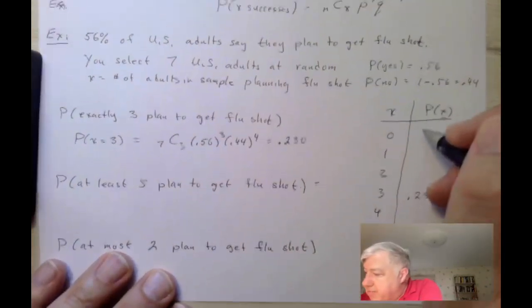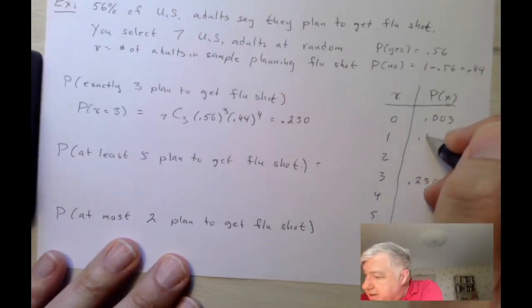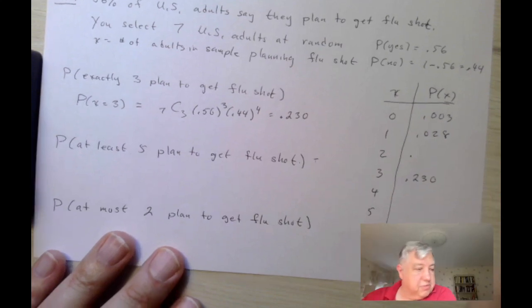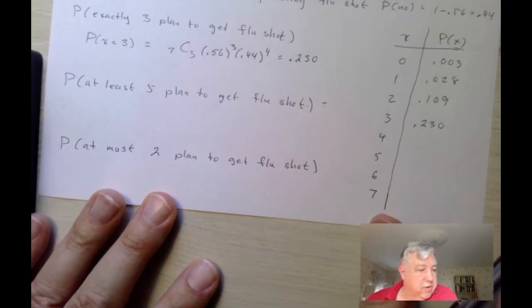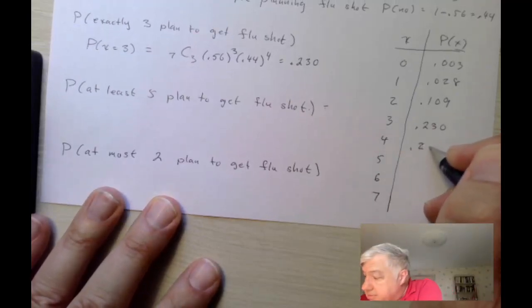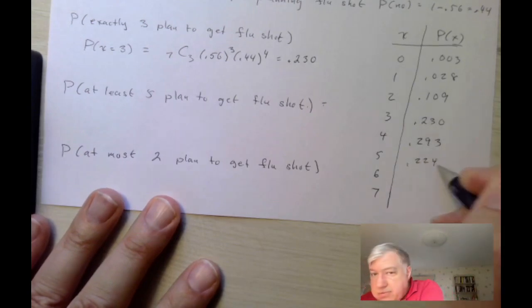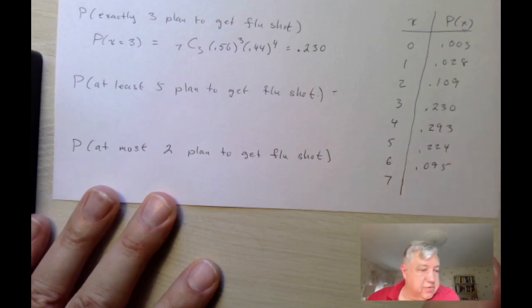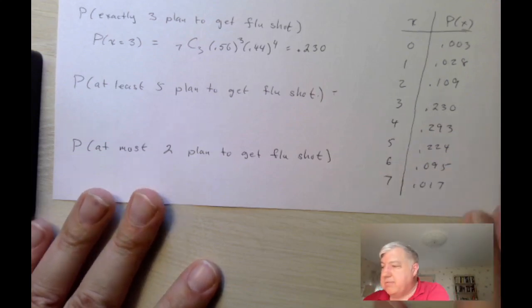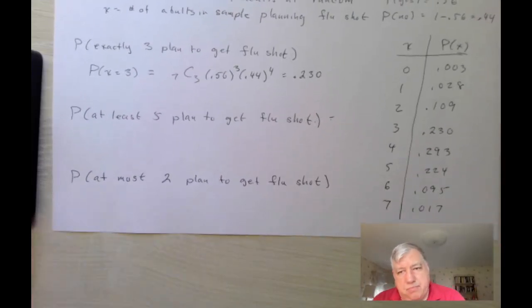For 0, this would be 0.003. For x equals 1, it's 0.028. For x equals 2, it's 0.109. For 4, it's 0.293. For 5, it's 0.224. For 6, it's 0.095. And for 7, it's 0.017. So there's the probability distribution, the binomial distribution.